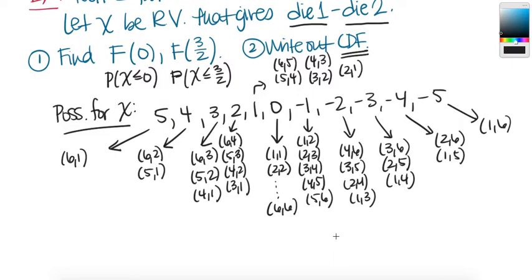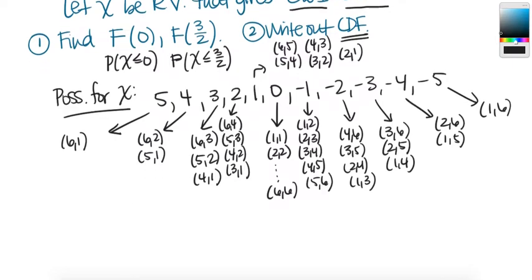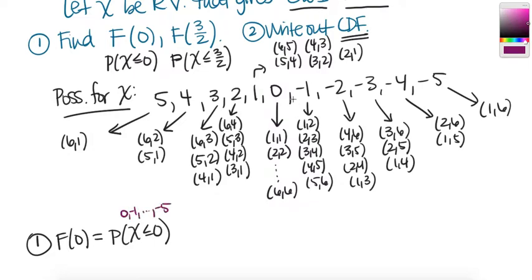So let's think about our first question, F(0). F(0) is the probability that x is less than or equal to 0. So x could be 0, -1, -2, all the way down to -5. That's any of these options over here, so we want to count up how many options those are.